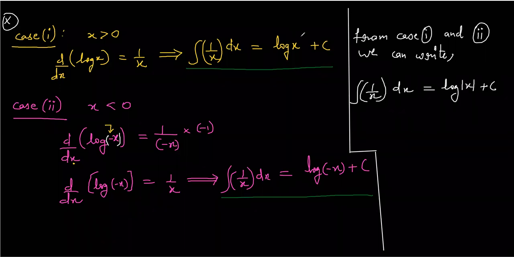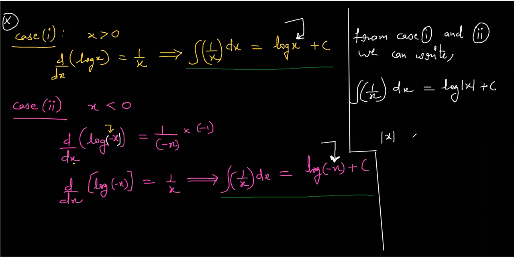What happened? I noticed that once it is log of x and the second it is log of minus x. So x and minus x, I combined these two and I wrote mod of x. Because I know the definition of mod of x.